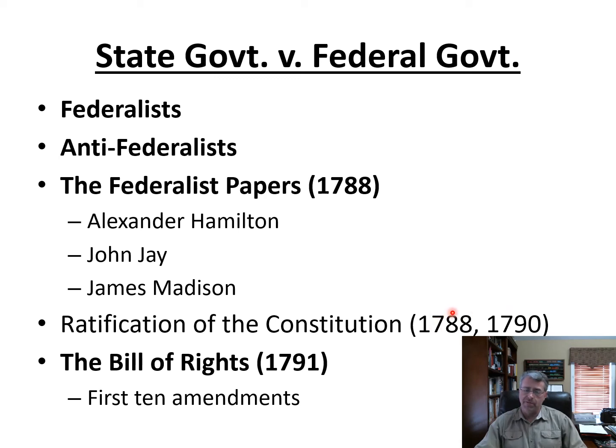One is when it becomes the law of the land, and the second date is when the last of the 13 states ratified it. One of the reasons why the Anti-Federalists were able to put their support behind ratification was an agreement, and this was kind of an unwritten agreement, they wanted some sort of guaranteed protection of the people's rights.